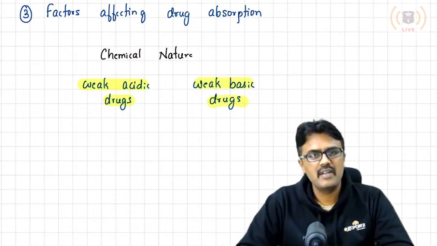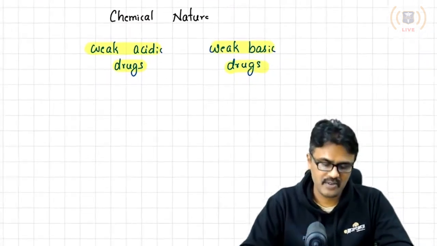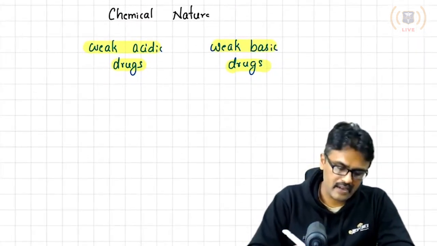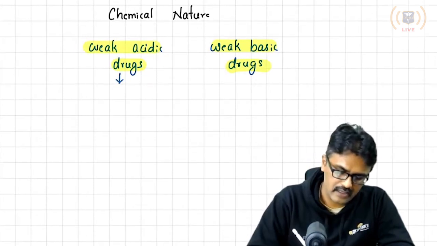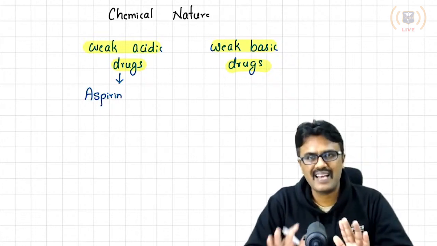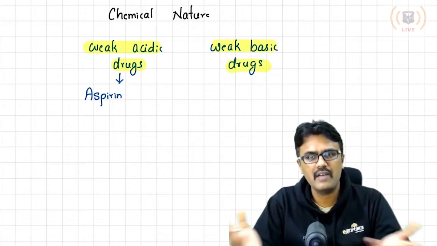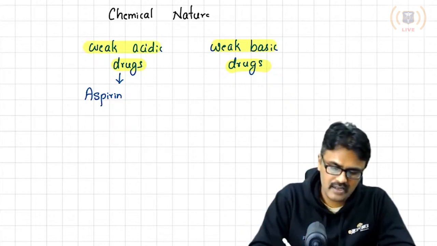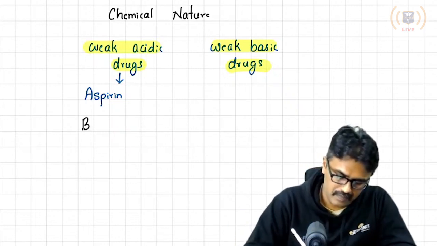Can you give an example of an acidic drug? You know that already. A weakly acidic drug is aspirin. What is the full form of aspirin? It is acetyl salicylic acid. So in the name itself we have acid. So that's an acid. Second is barbituric acid.